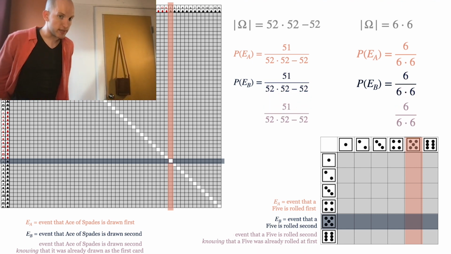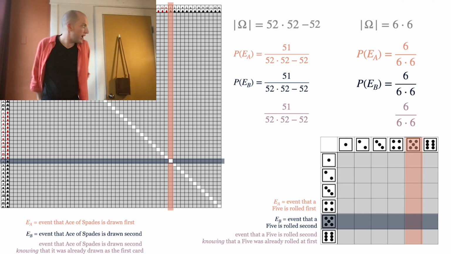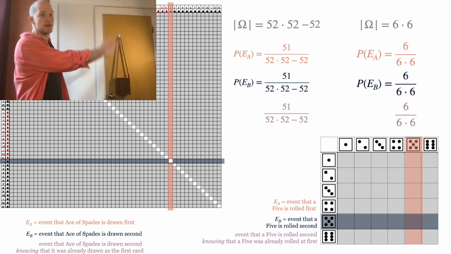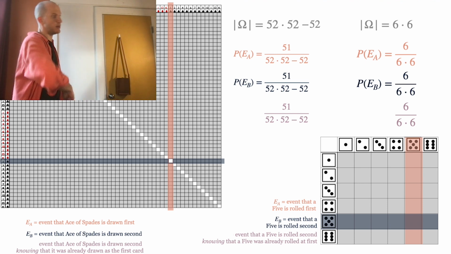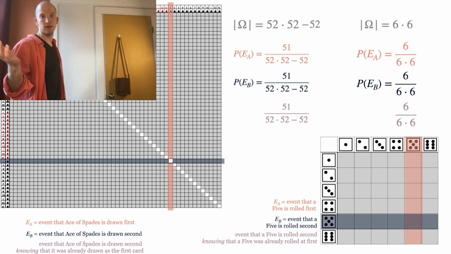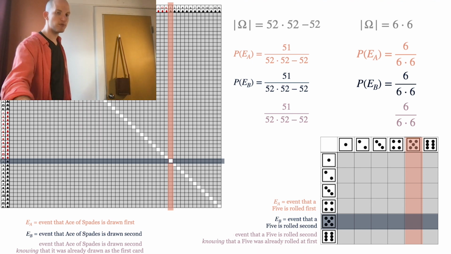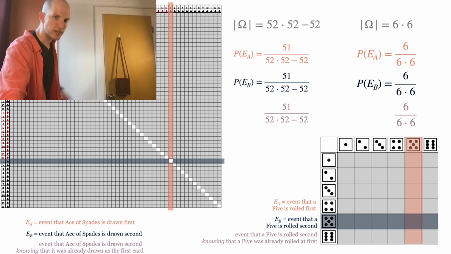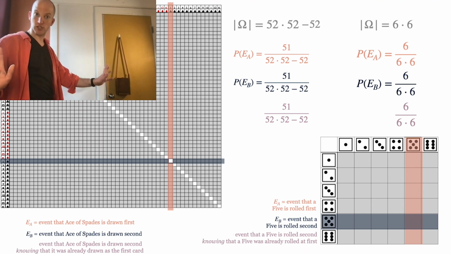So let's compute this probability using our measurement triad. I'd be tempted to say that it would be exactly the same. Probably rolling a 5 on the second die should be the same whether or not the first die was a 5. But for the deck of cards, we're going to see something a little bit different. So let's do this instead of jumping through intuitions.